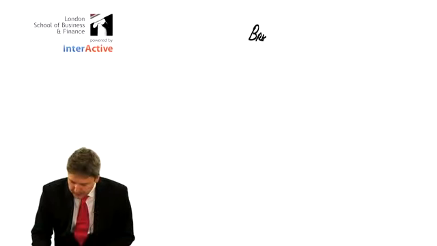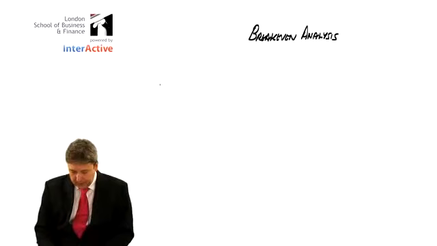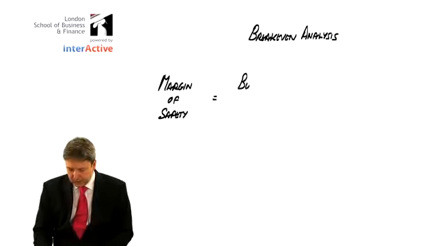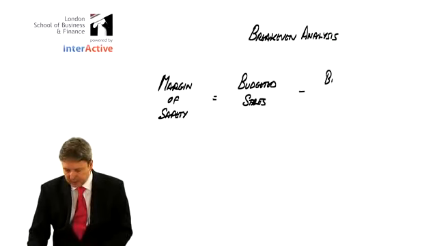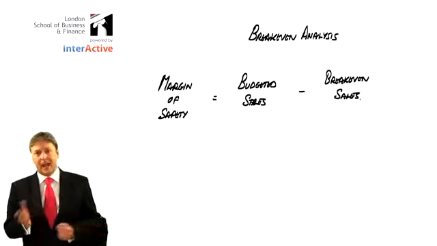We're looking at break-even analysis. And I hope you remember that if we're looking at the margin of safety, what we're looking at is the difference between budgeted sales, the sales that we expected to achieve, and break-even sales. Now, the margin of safety could be expressed as a percentage or in absolute terms.